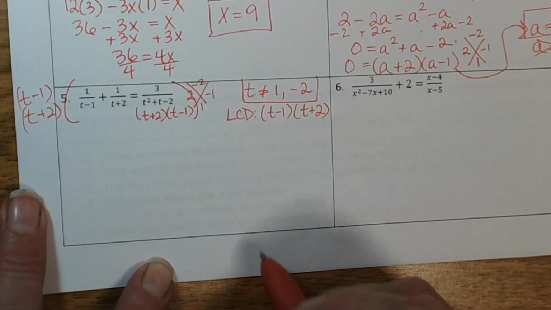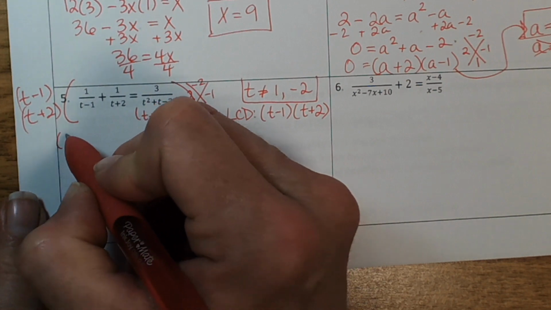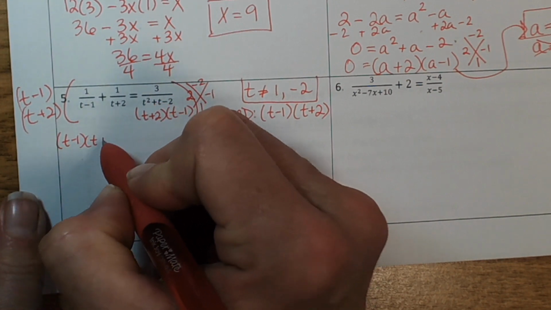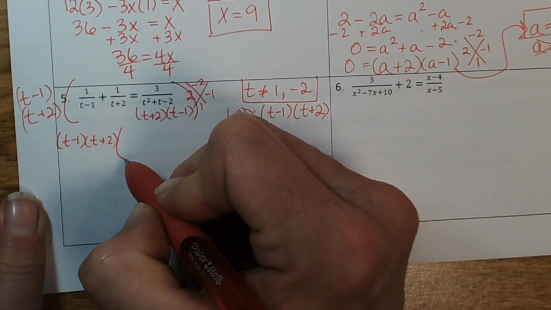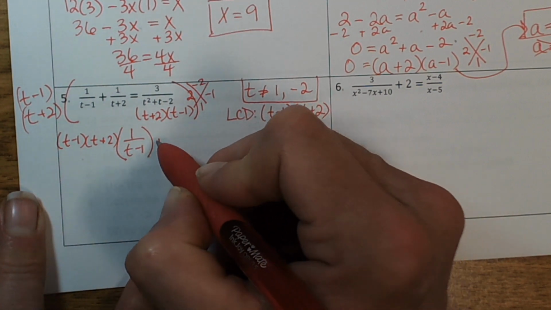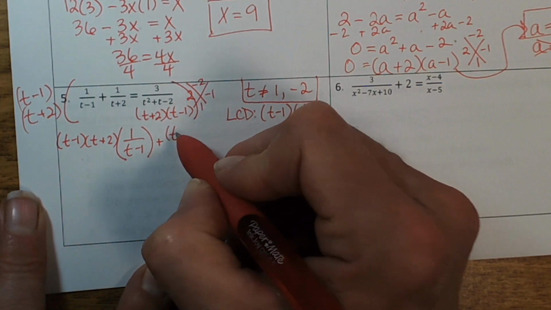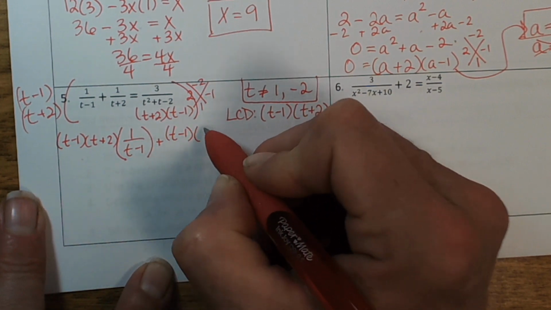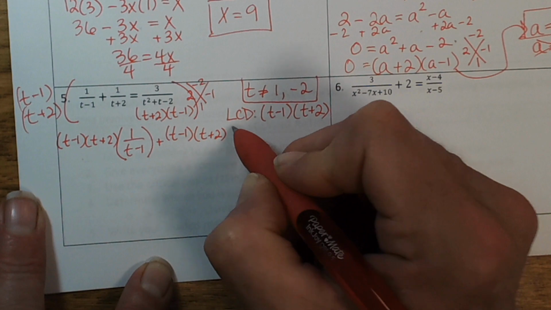Okay, when I look at my first one, I take t minus 1 times t plus 2 times 1 over t minus 1. Now guys, if you can do this without writing this step out, this is a step that sometimes I will do in my head.